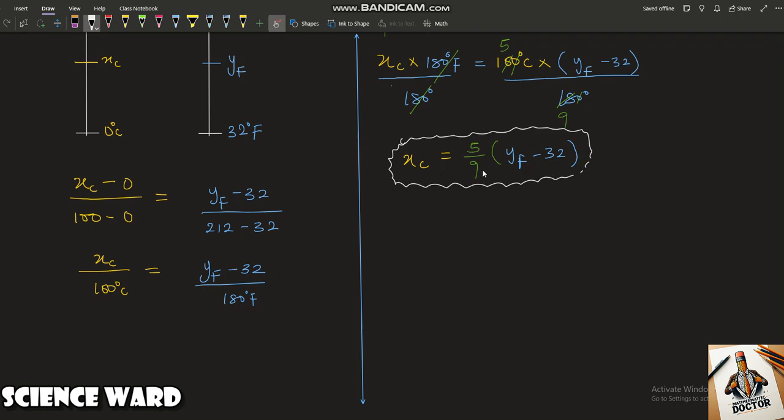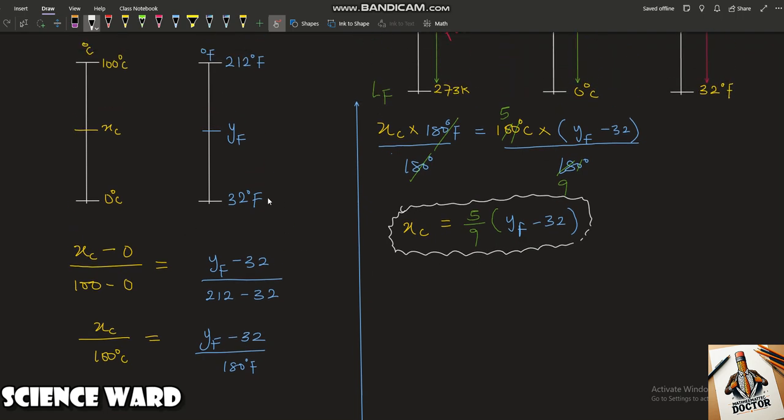So with this formula, I can make my conversion between the two scales. Let us assume from this question that Xc is given to me as 30 degrees Celsius, and I need to obtain the value in degrees Fahrenheit, and that is why YF is unknown.